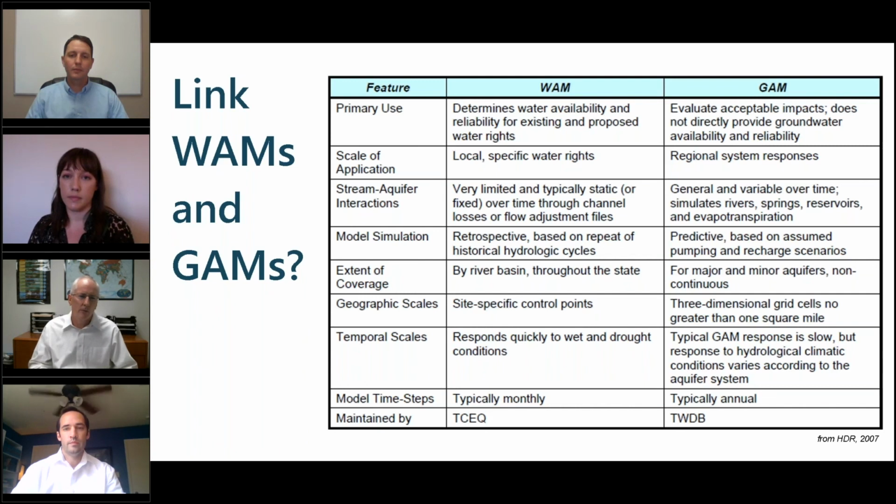Time steps are different. WAMs are monthly, GAMs are typically annually. The model simulation, WAMs are retrospective. They look back at what would have happened in the past if this had occurred, whereas GAMs are calibrated models where we apply conditions and do predictive simulations of what would happen in the future. So there are a lot of basic differences, but I thought it was important to mention. Really, probably not something that we're going to see soon.